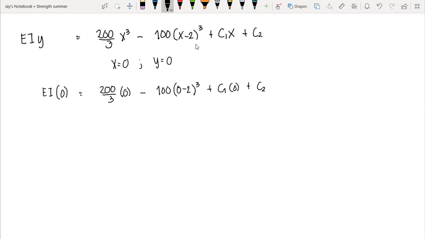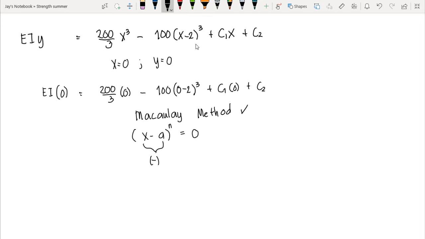Now take note, in Macaulay method, if we have x minus a raised to n, and this value is less than 0, or negative, then we can say that this is equal to 0. That is the advantage of the Macaulay method.